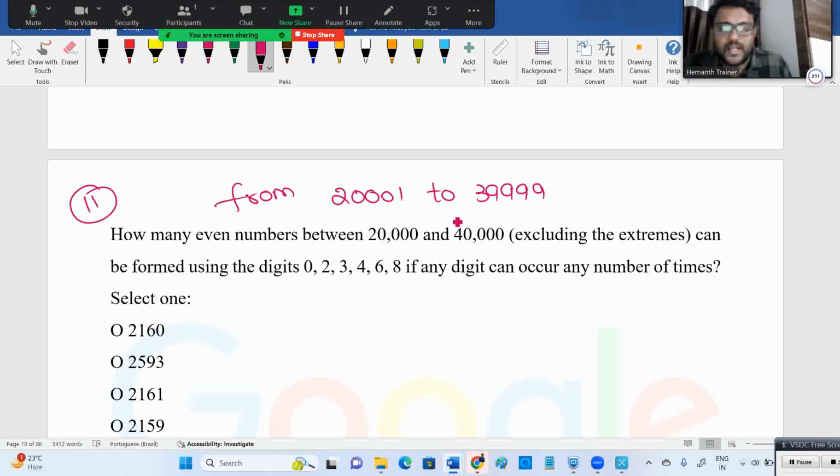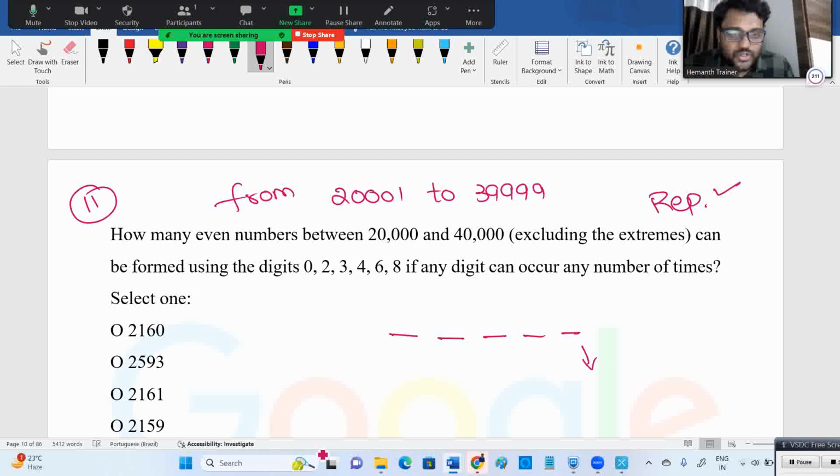If any digit can occur any number of times, means repetition allowed. You want only from 20,001 to 39,999. Right? Okay. Now it's a 5-digit number. And what is allowed is even number, right? I want even number.